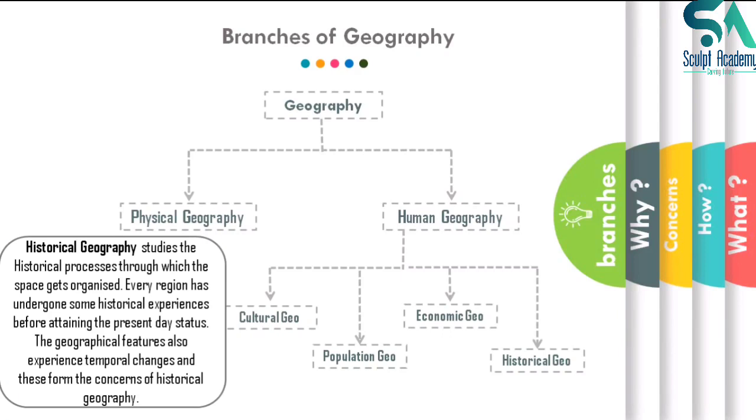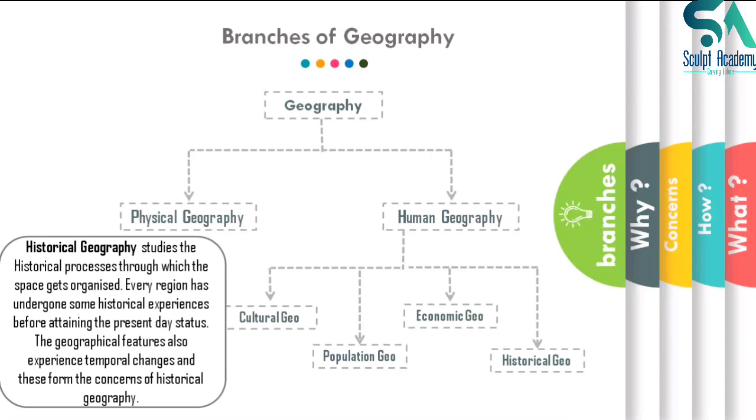Basically, in historical geography, we study the historical processes that took place over the surface of the earth. Maybe the Aravallis once stood three times as high as the Himalayas today, but now we see the Aravallis as a foothill only. Means it is a residual mountain, not even comparable to the height of the Himalayas as of now.